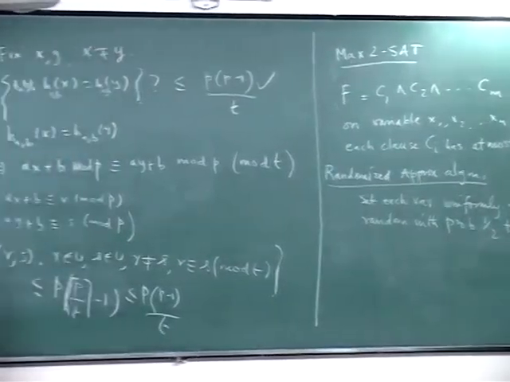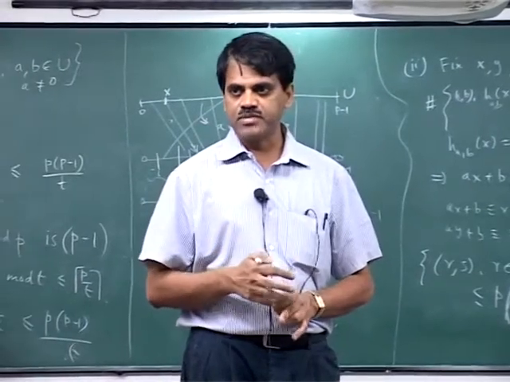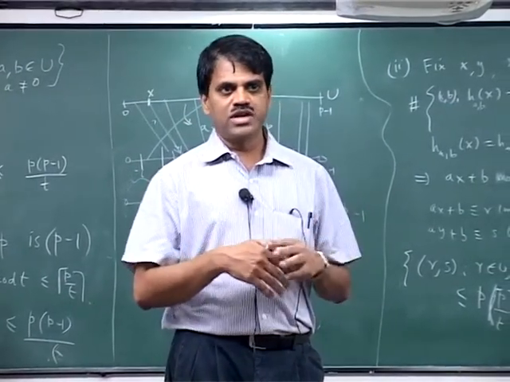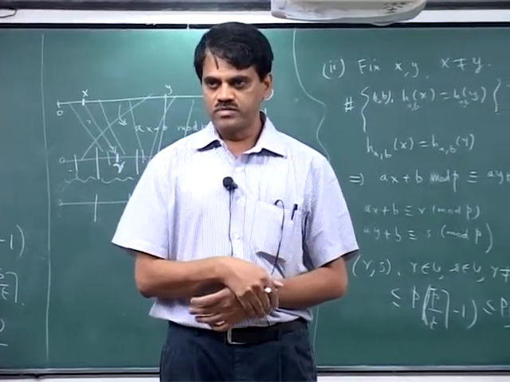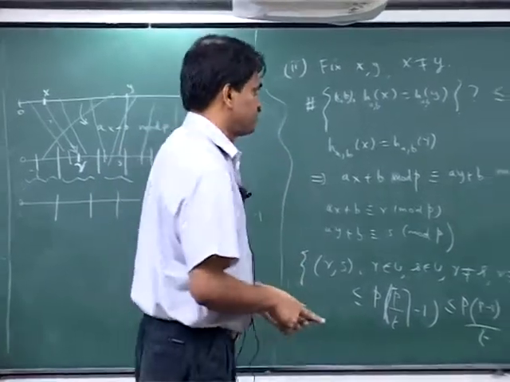Now we want to understand the number of satisfied clauses by this random assignment. Since it's a randomized algorithm, we can only talk about the expected number of clauses you can satisfy. So what is the expected number of clauses you can satisfy?